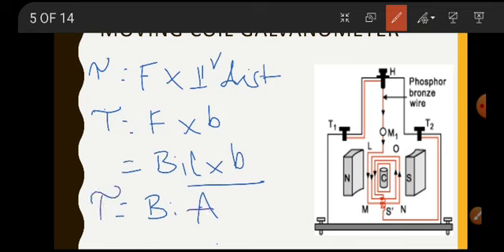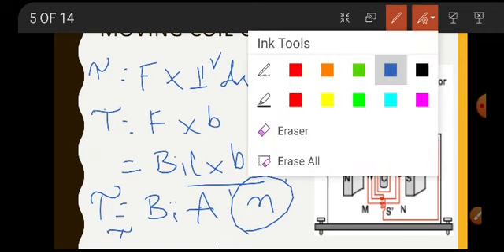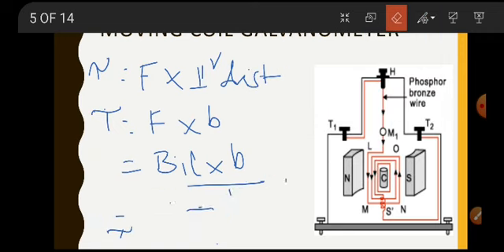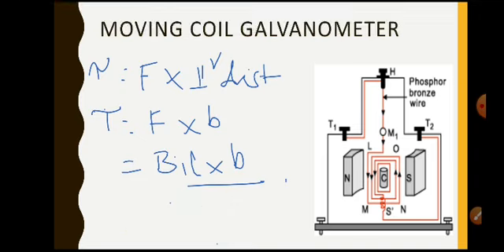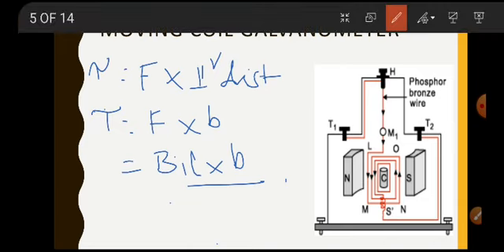This is the torque on a single coil, one turn. If the coil is wound with a number of turns, then the torque is tau equals BIA.